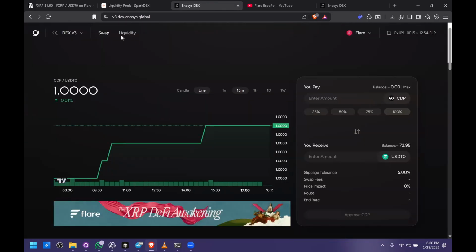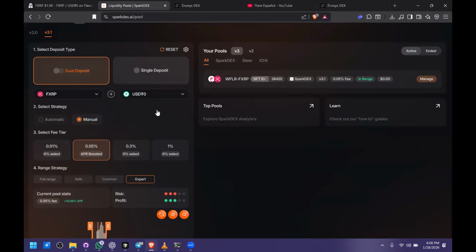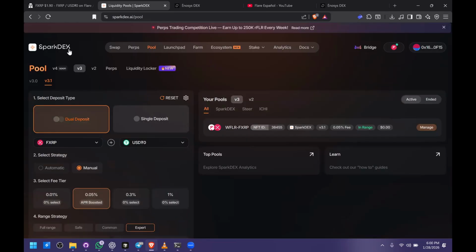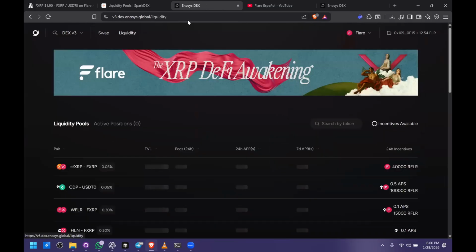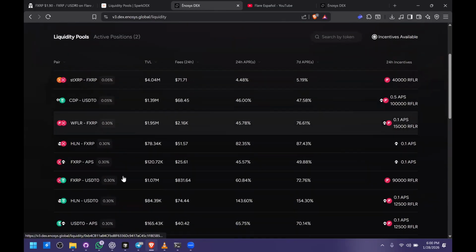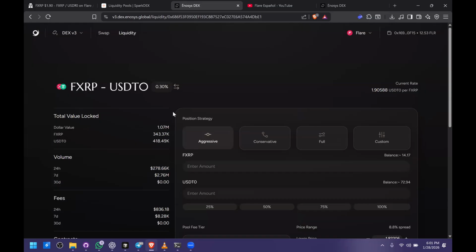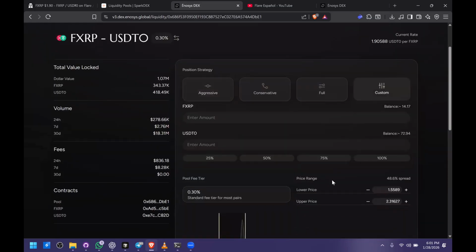Sorry. So as a general rule, the wider you are, Spartex pays better, and the tighter you are, Enosys pays better. So for this one, because I want to do concentrated liquidity, I'm going to do the same thing, but I'm going to do it here. So here is 1.7, 2.20, and then 14.17.